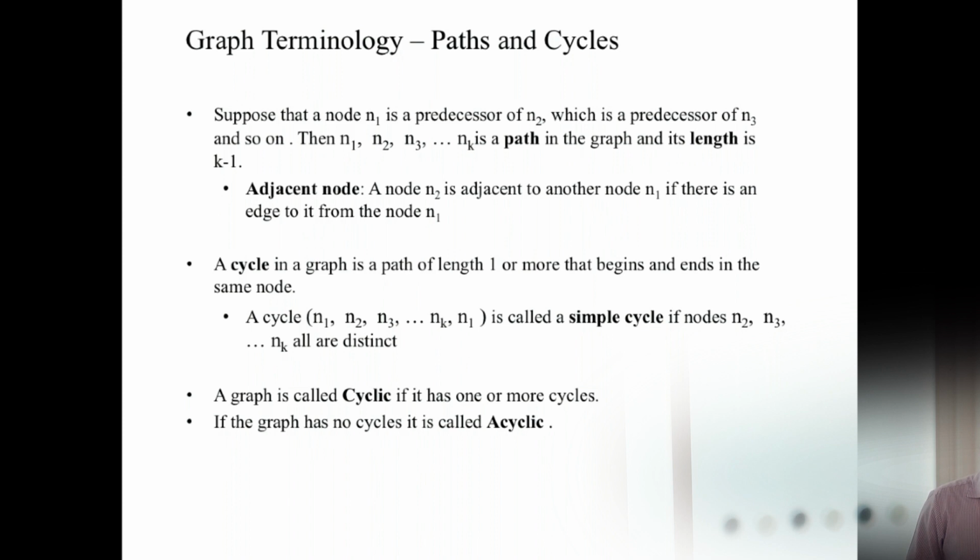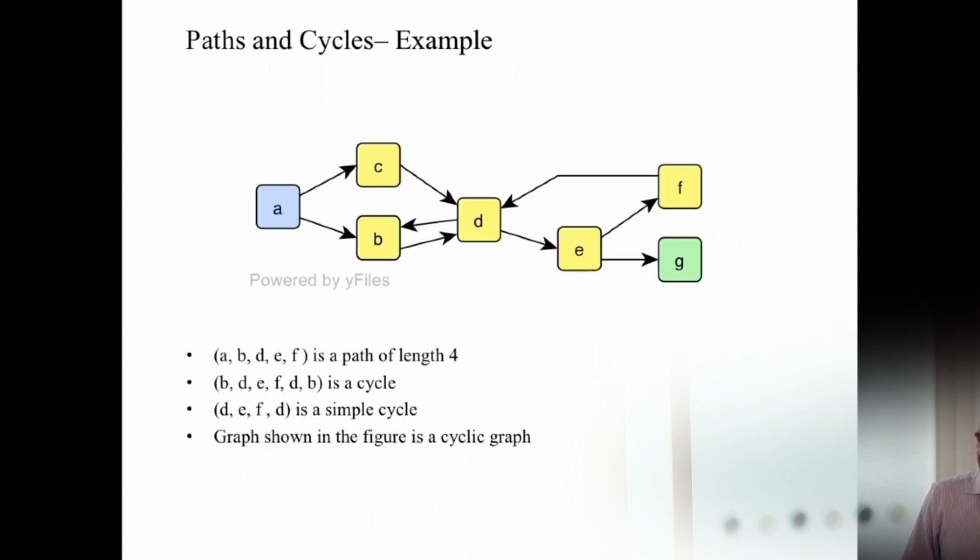And then sometimes we also have cycles in a graph. For example, here we have an example graph that is composed of 7 different nodes, and we have labeled each of the nodes using A, B, C, D. And then there are some edges going on.